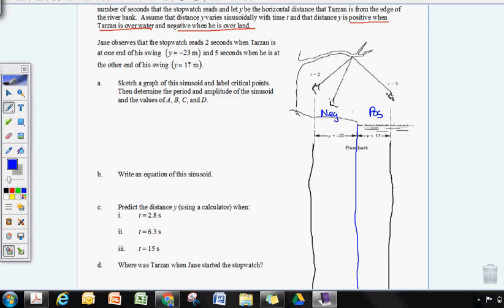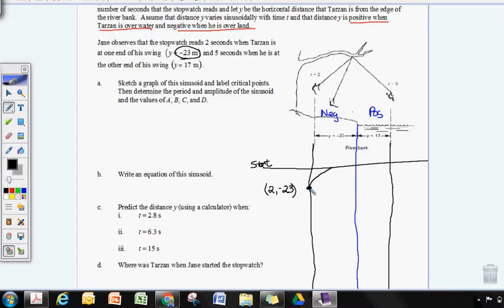So we've got to have some kind of a start. So this is where I am going to start the clock. That's where Jane starts it. Jane observes the stopwatch reads 2 seconds when Tarzan is at one end of his swing, and notice it's the negative. So he starts, and the first thing when he maxes out is this negative number, and that happened at 2 seconds. So I automatically know this is the point (2, -23).